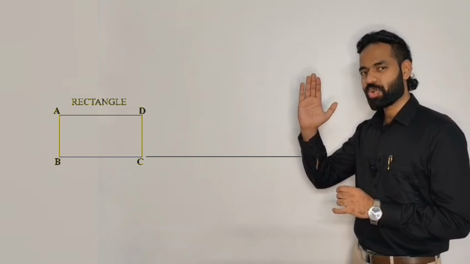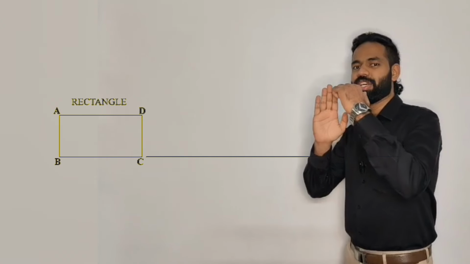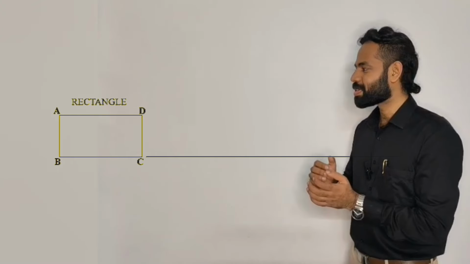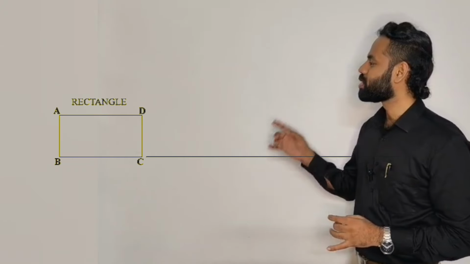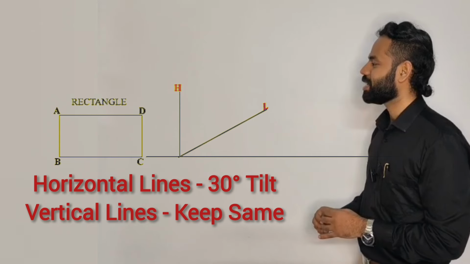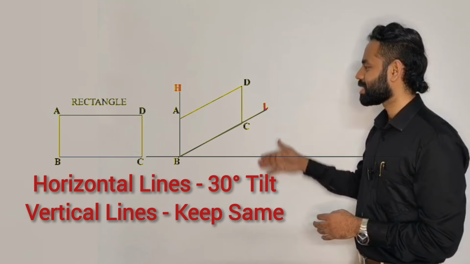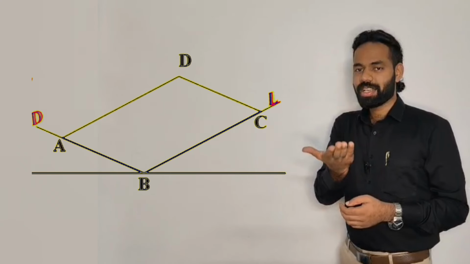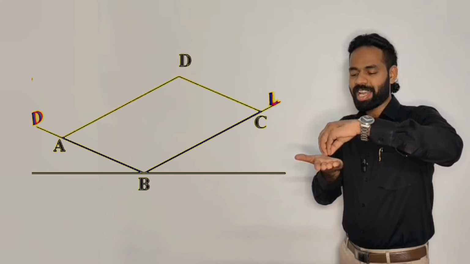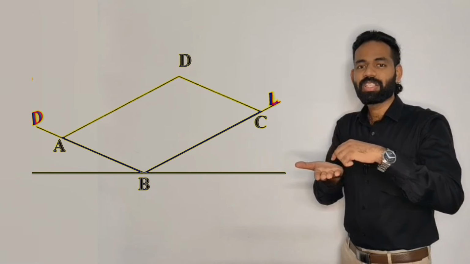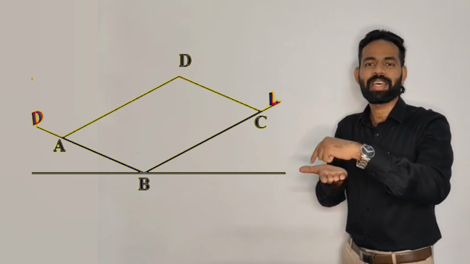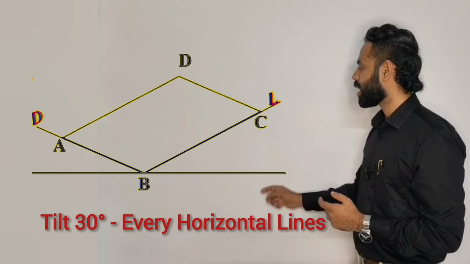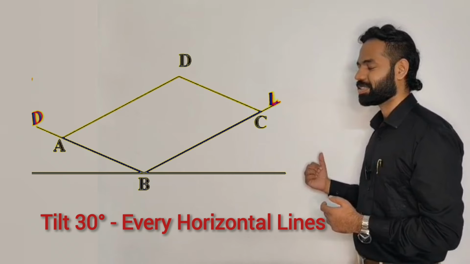If you have a rectangle like this, you can see two horizontal lines and two vertical lines, and to represent it in the isometric view, we have to tilt the horizontal lines to 30 degrees and keep the vertical lines as they are. And when we consider a rectangle like this, that lies flat on the ground, every line here is a horizontal line. So we need to tilt each line here by 30 degrees.